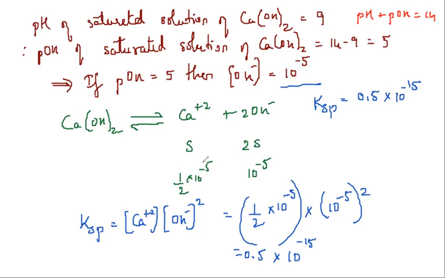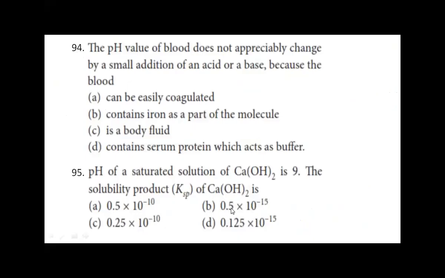Therefore, S is half of 10 raised to minus 5. Substitute the values in KSP and the answer will come 0.5 into 10 raised to minus 15. So which is the correct option? 0.5 into 10 raised to minus 15, so option B is the correct option.